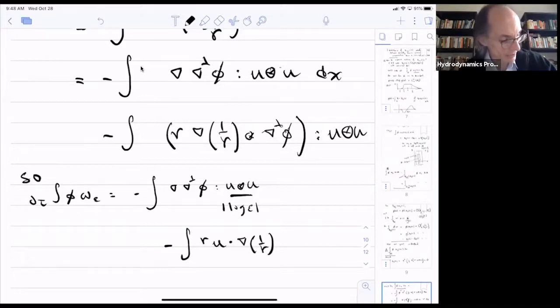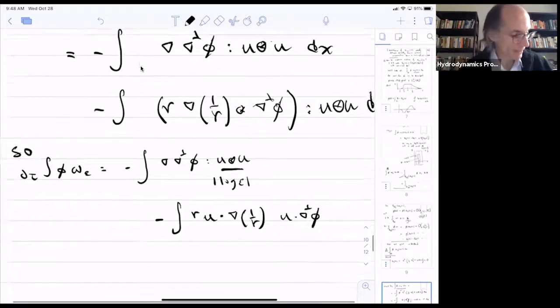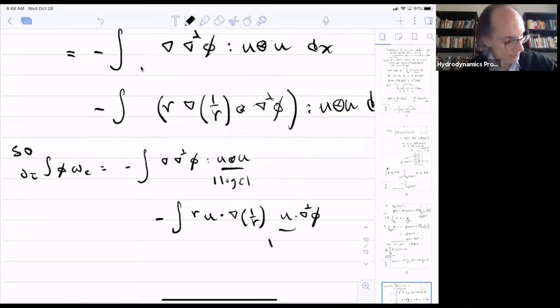So that's a scalar, and u dot grad perp phi. And this too is divided by log epsilon.